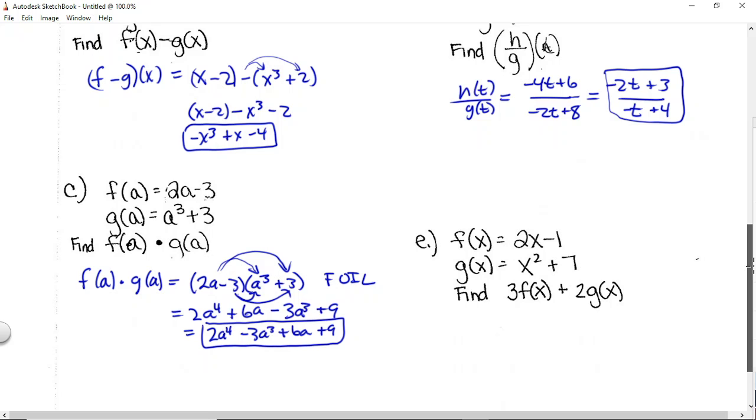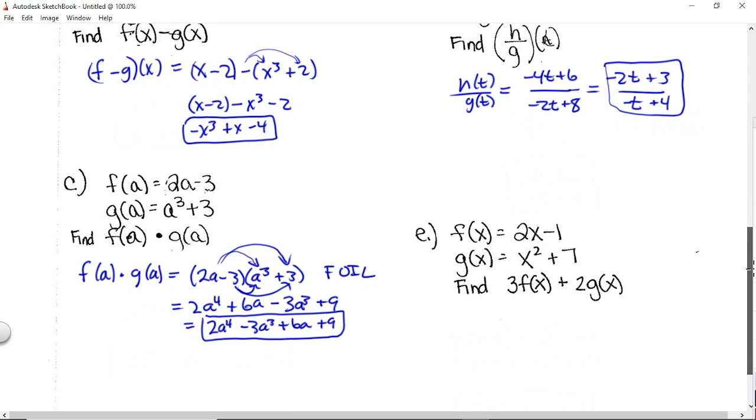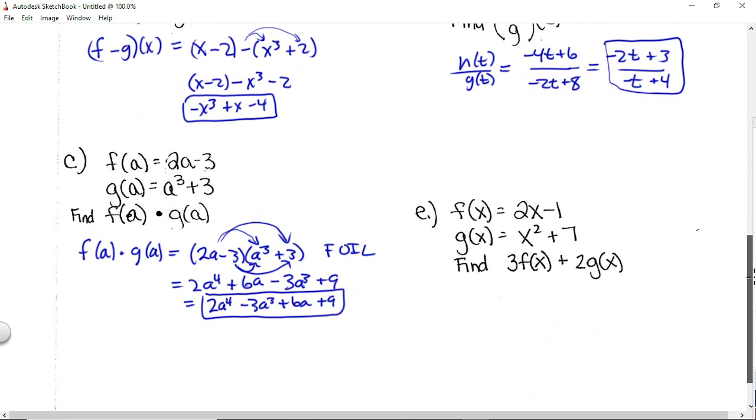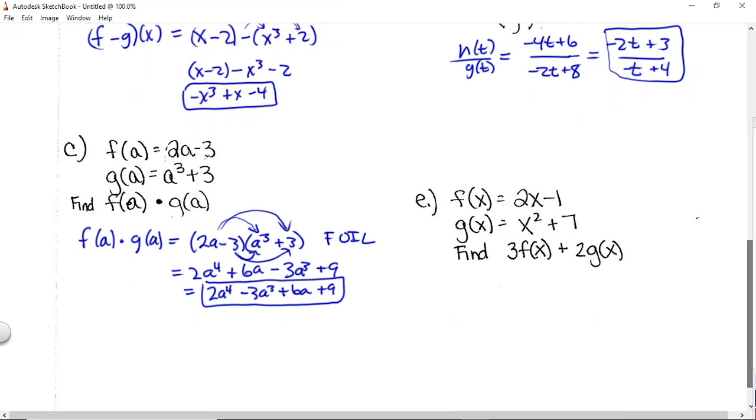Okay, we have one more. And we have these two functions defined. The operation we're asked to do for this one is a little more involved. We're not just multiplying, we're not just adding the functions.